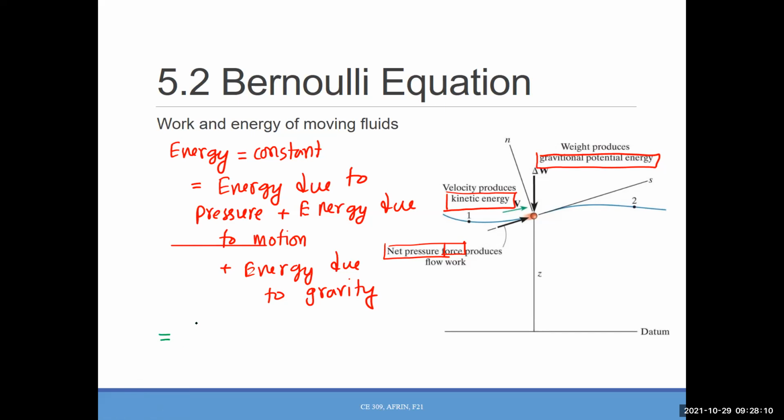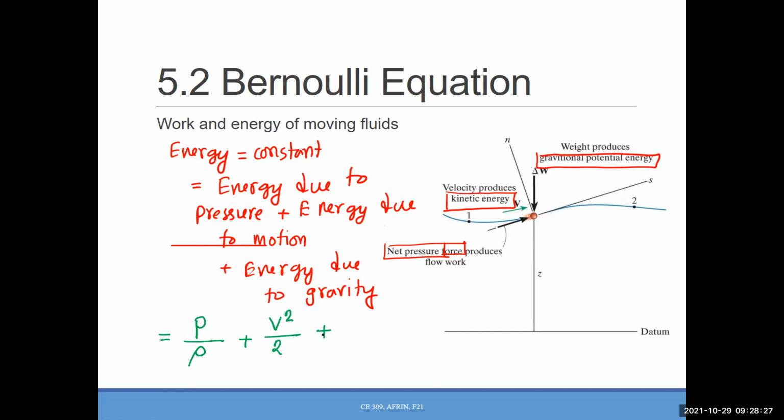energy due to pressure, which should be P over gamma. Energy due to motion will be V square over 2.